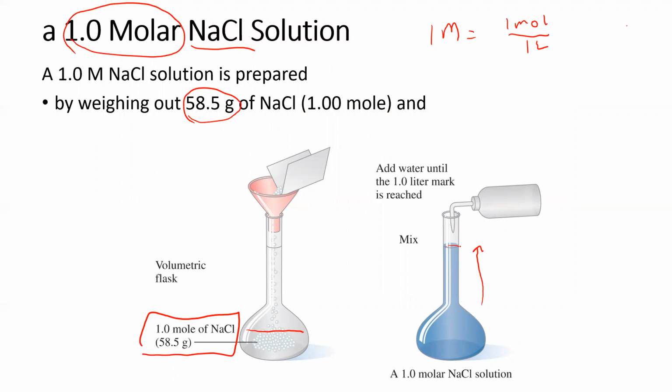If I bring it up to the 1 liter mark, then I have a total of 1 liter. The 58.5 grams is 1 mole of sodium chloride, and this would represent 1 mole of sodium chloride per liter of solution, or a 1 molar sodium chloride solution.